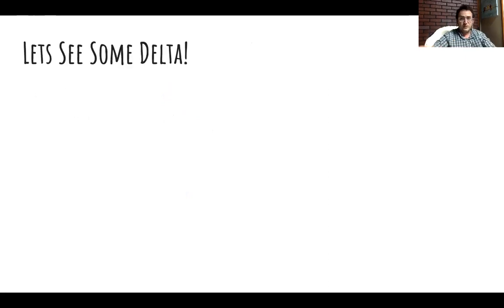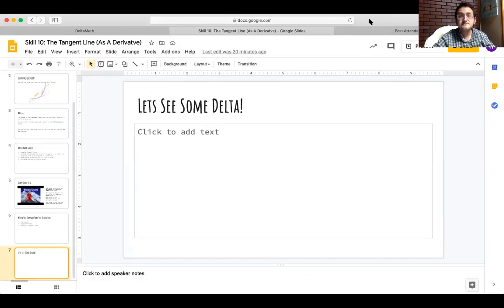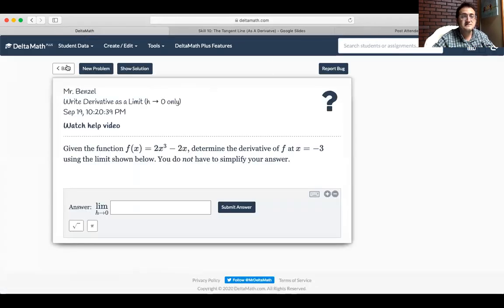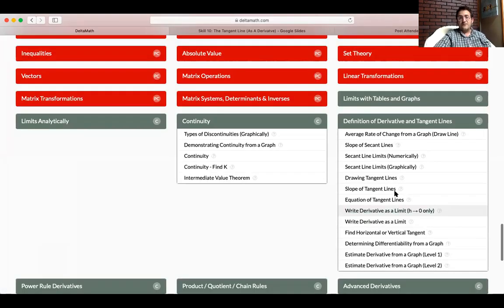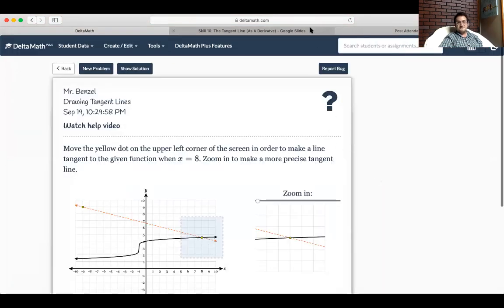So let's actually take a look at some Delta Math here. The first exercise that I'm going to give you today is just drawing tangent lines.